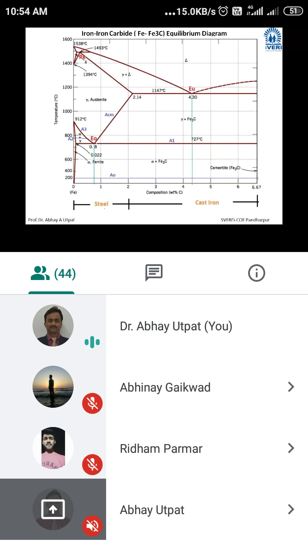A3 is 727 to 910. See here, A3 is written 727 to 910. And as percentage of carbon increases from 0, A3 temperature decreases, and at 0.8 percentage of carbon, A3 equals A1.